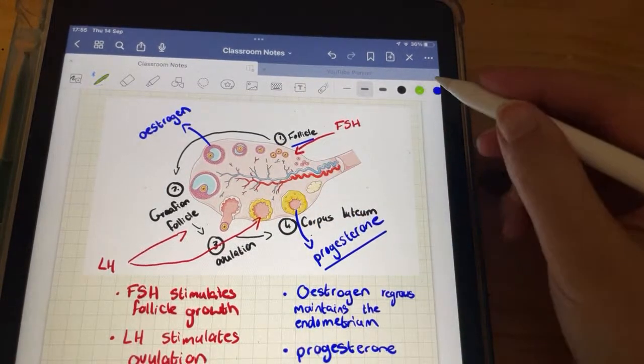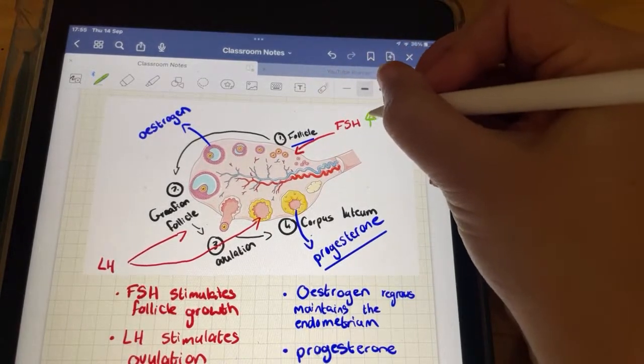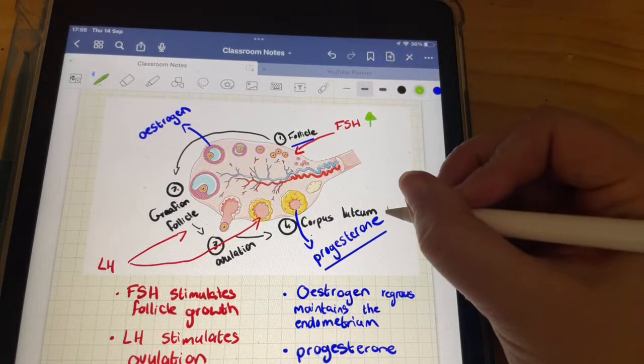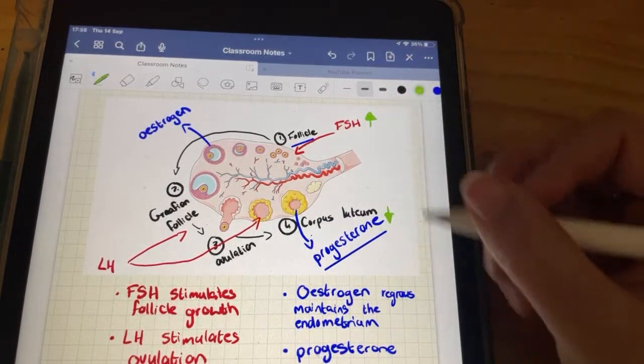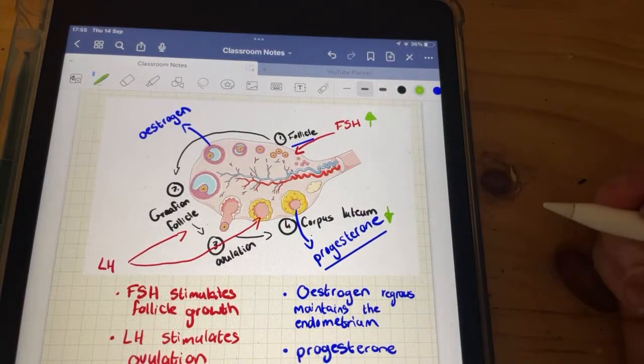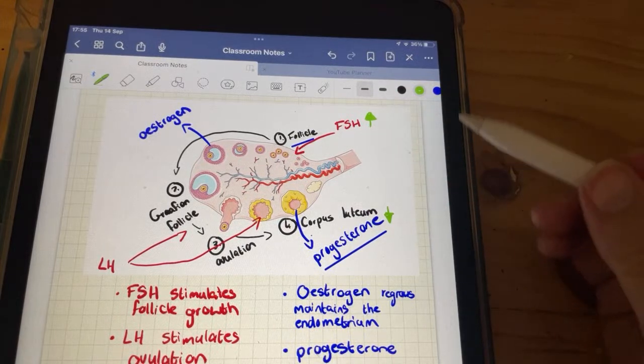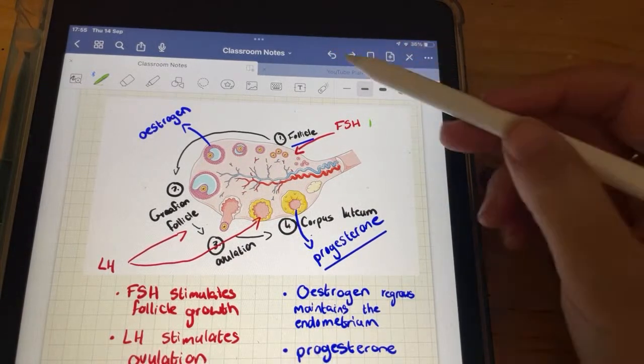So that means if FSH is high, then progesterone will be low. That is their negative feedback link. It's the main negative feedback link. And of course, vice versa.